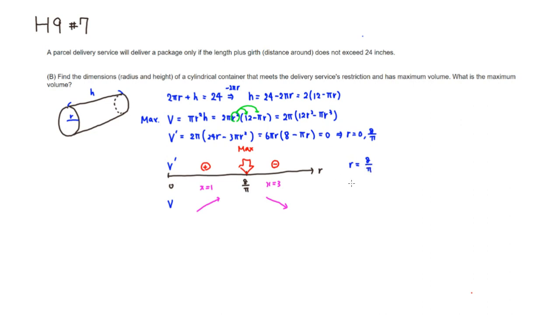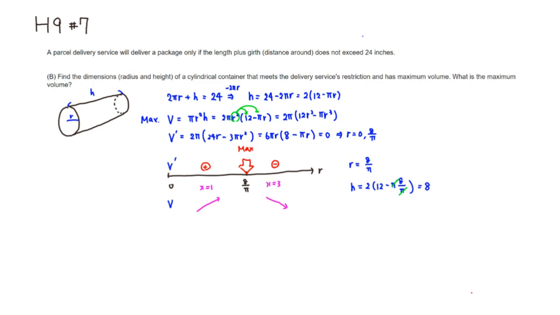Then we have to find h. That's going to be 2 times 12 minus pi r, but r is 8 over pi. You can cancel the pi on top and the pi on the bottom, so that's 12 minus 8, which is 4, times 2, so h is actually 8.